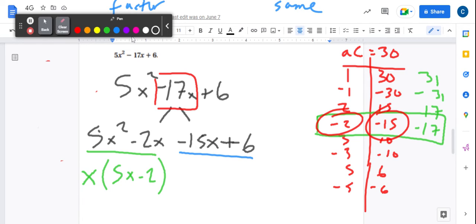We should know that it's 3. And we have a minus sign here, so it's actually going to be minus 3.